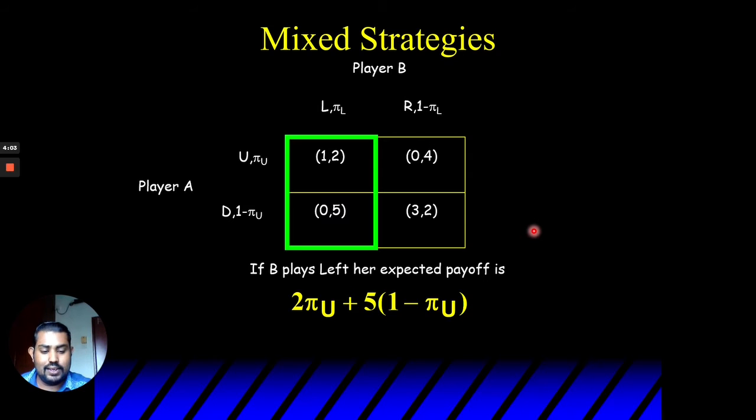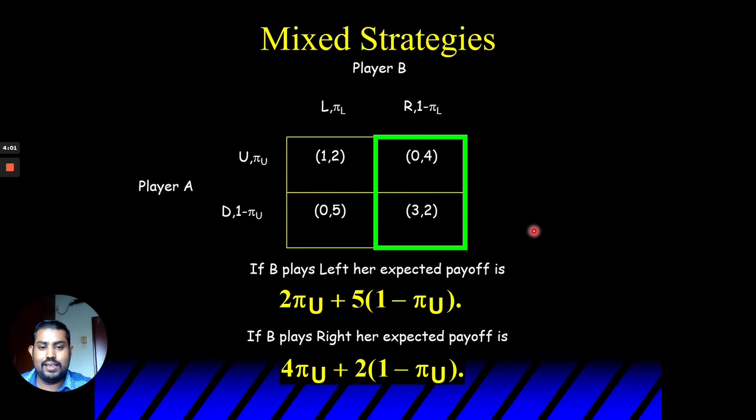The same thing goes when player B is playing right: 4 pi u plus 2 times 1 minus pi u.